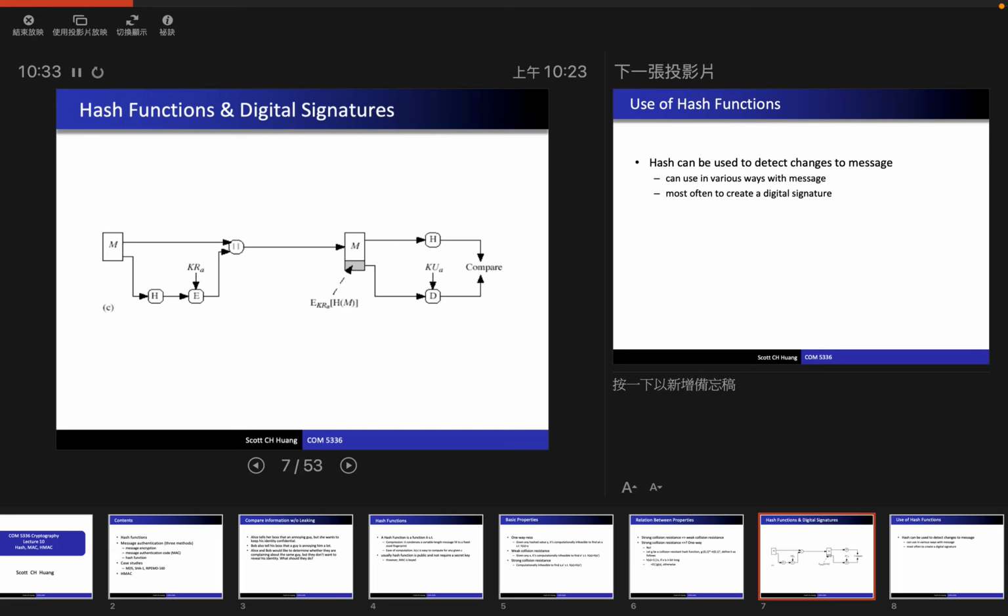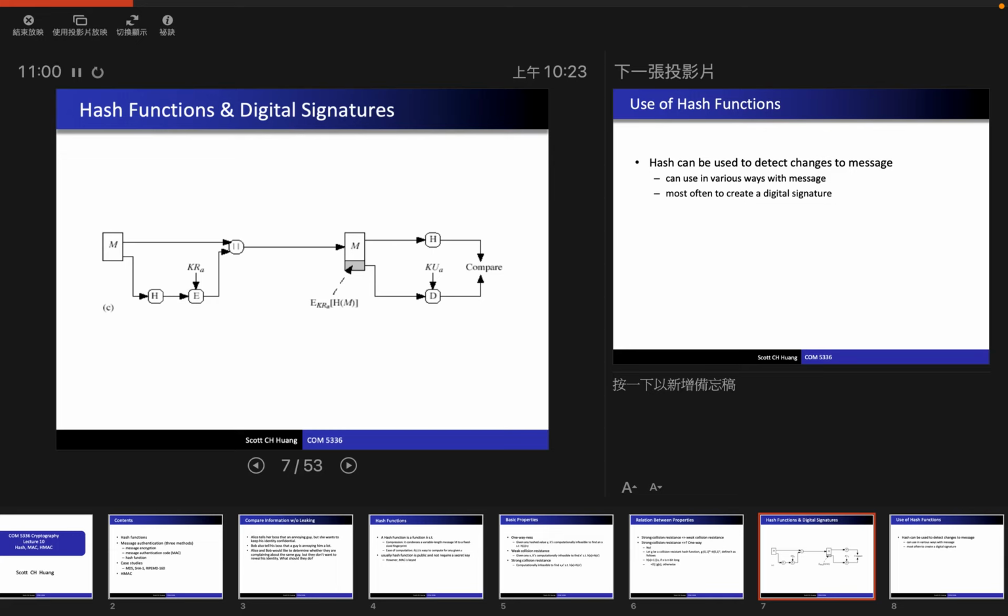This diagram shows the hash function with digital signature. This is the digital signature of the appendix type. Obviously, for message recovery, we don't use any hash, because for the message recovery type you have to recover the message, and if you apply hash, you cannot recover because it has compression.